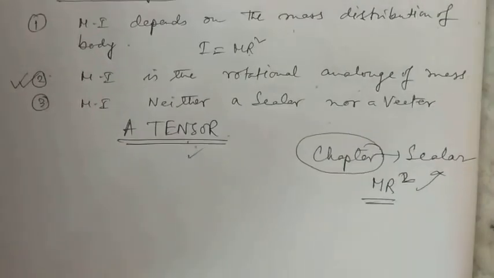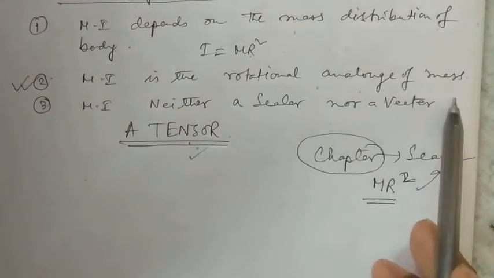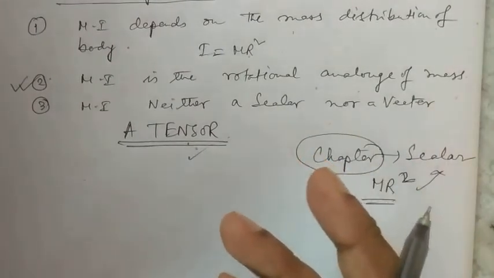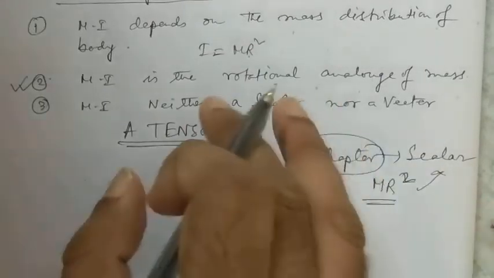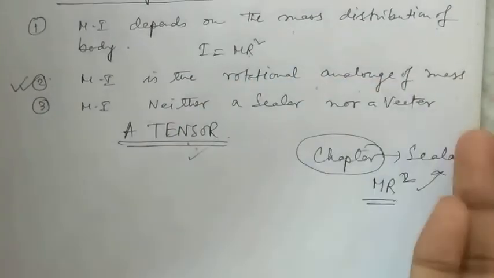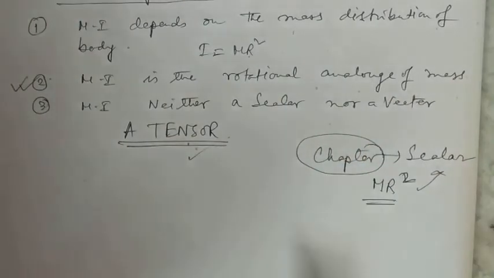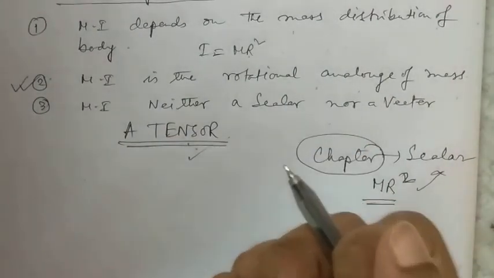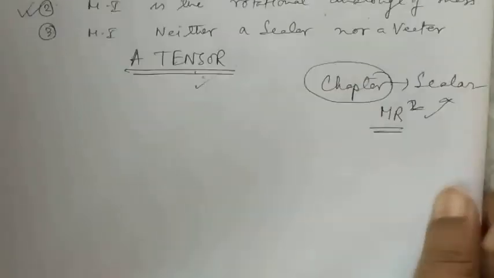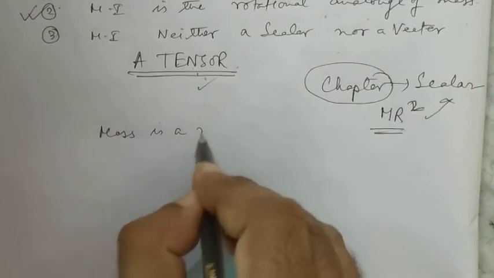Now a little bit more discussion about point number 2, that moment of inertia is a rotational analog of mass. Expression-wise we have already understood that it is the rotational analog of mass. But now what is mass? It is a measure of inertia, or rather translational inertia.